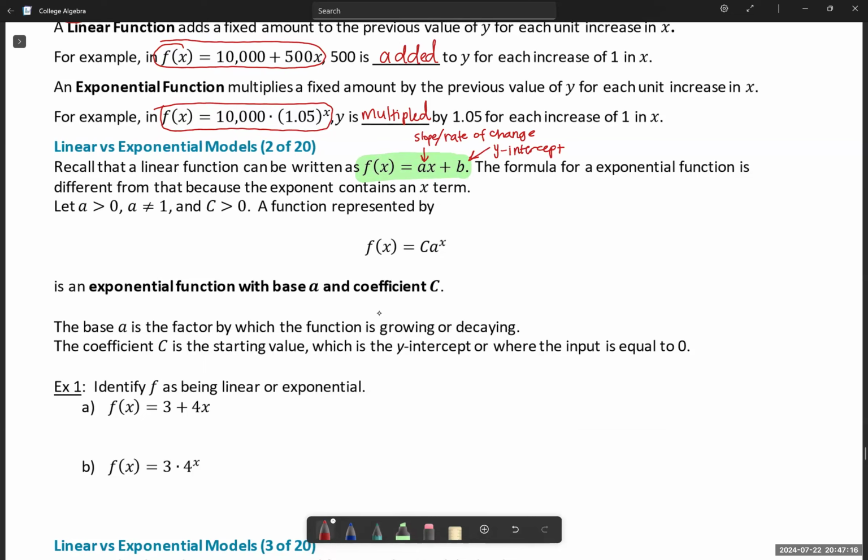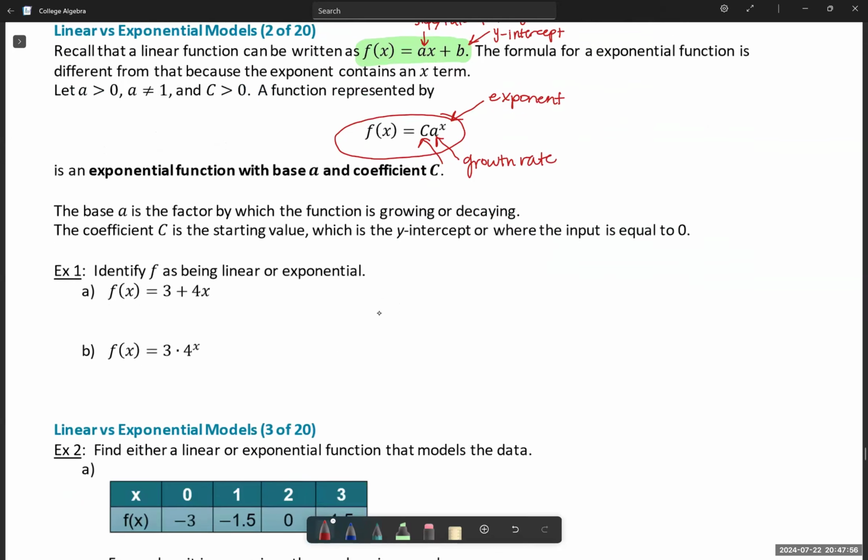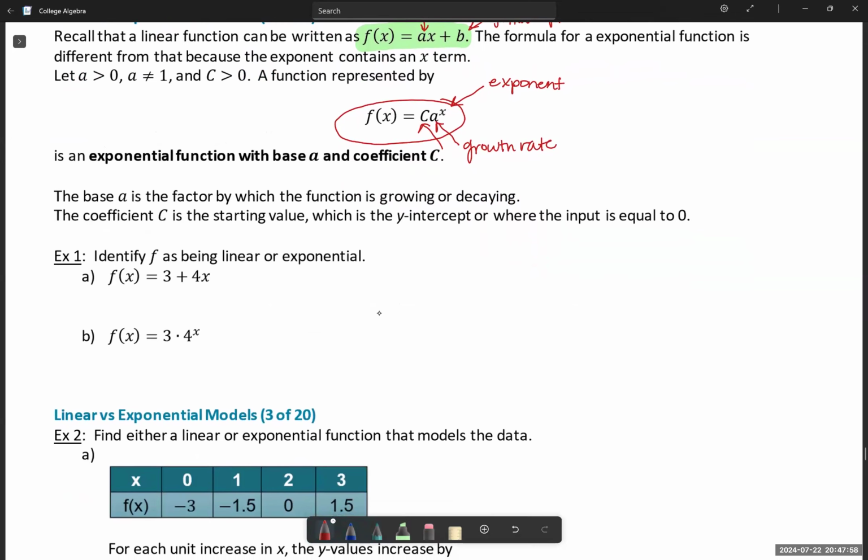Now we're going to get into, can you determine which one is which? So, identifying f as being linear or exponential. For part A, this is linear, because we have our rate of change and our y-intercept, and they're added together.